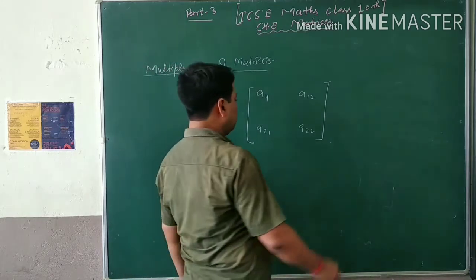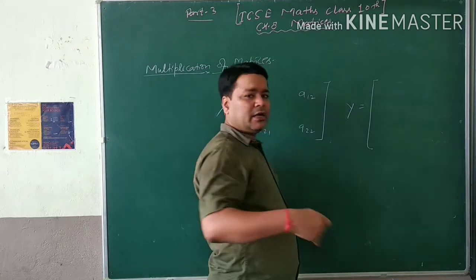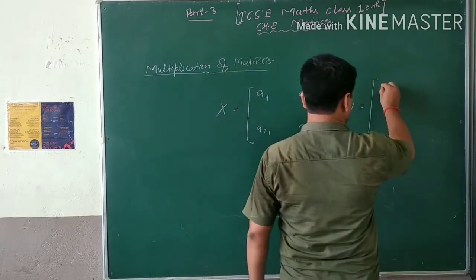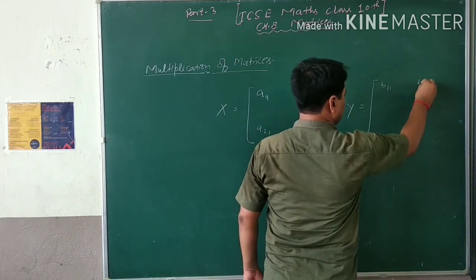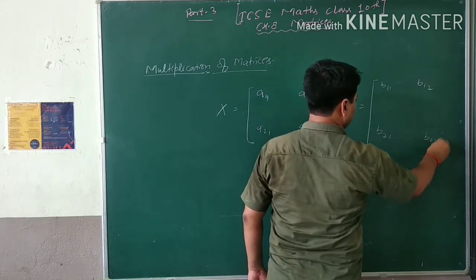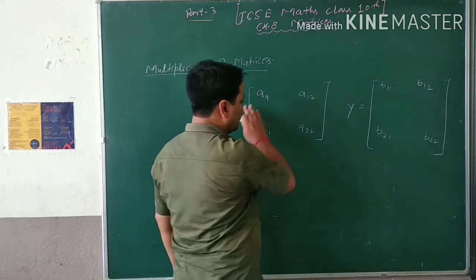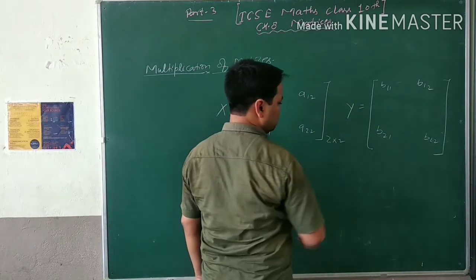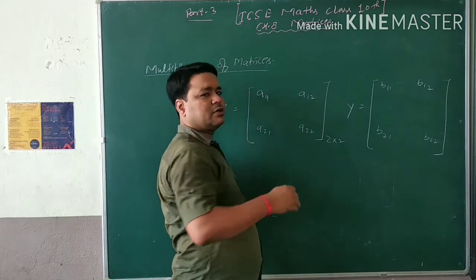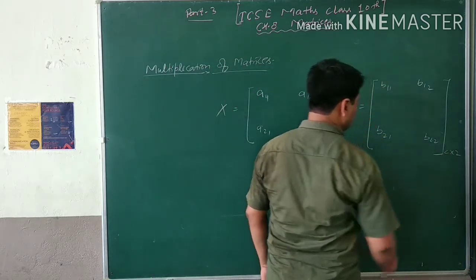Now, if you want to multiply it by another matrix, that is B11, B12, B21, and B22. Since we know that the order of this matrix is 2 by 2, means a square matrix of order 2 by 2, and this is also a square matrix of order 2 by 2.